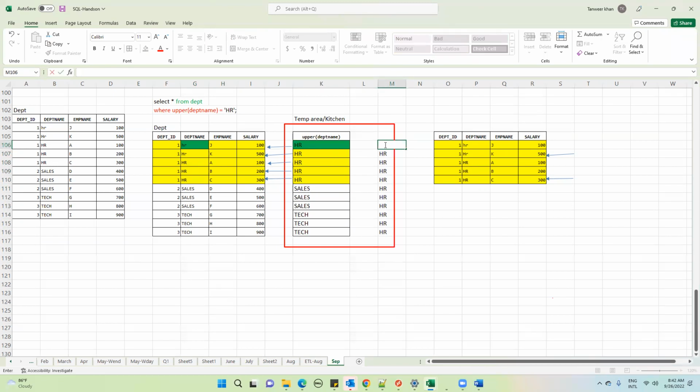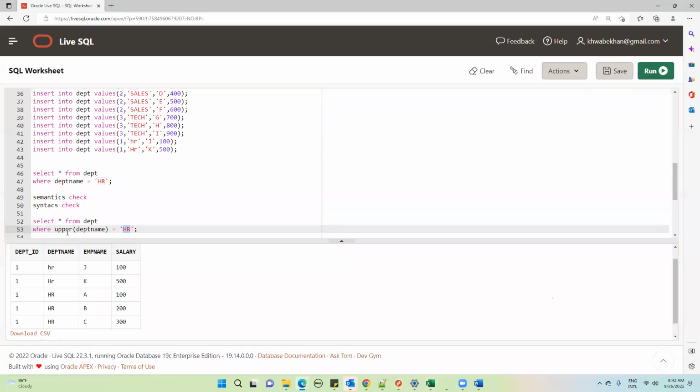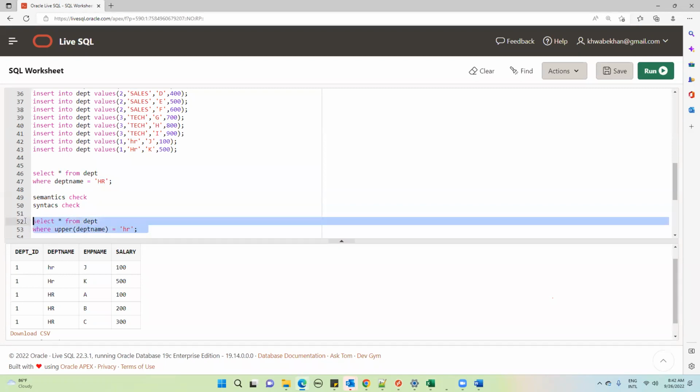Or if it is in mixed case, it will never match, because this is a contradiction. Here you are telling it to convert to uppercase and you are searching lowercase HR. What does it mean? Then why did you tell it to convert to uppercase? This is a totally contradictory statement, and it will always give you no data found.